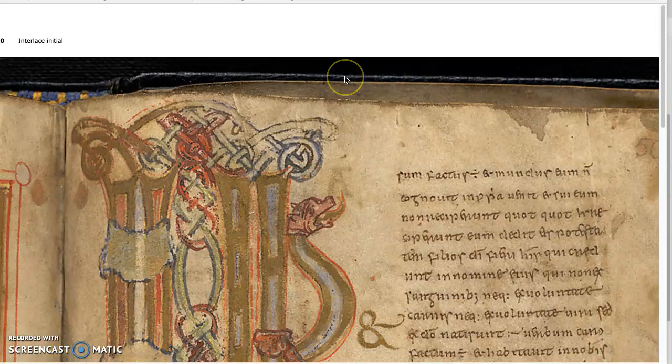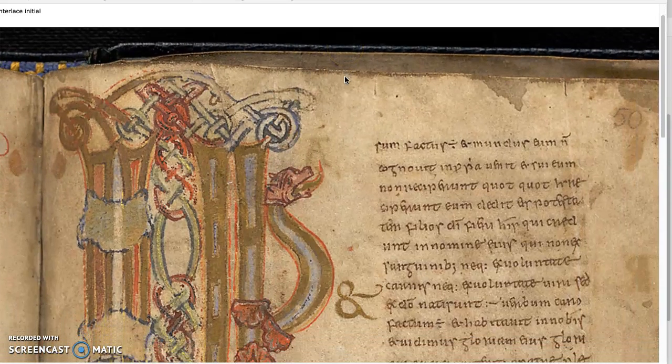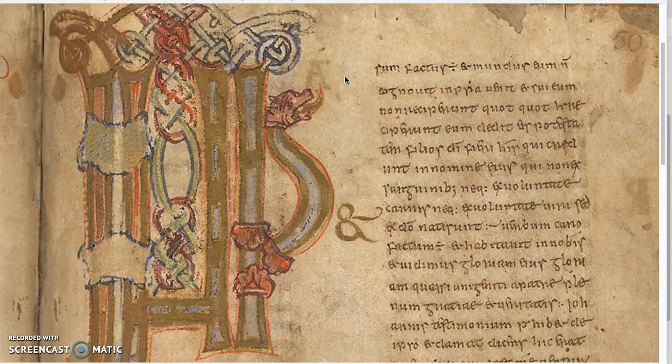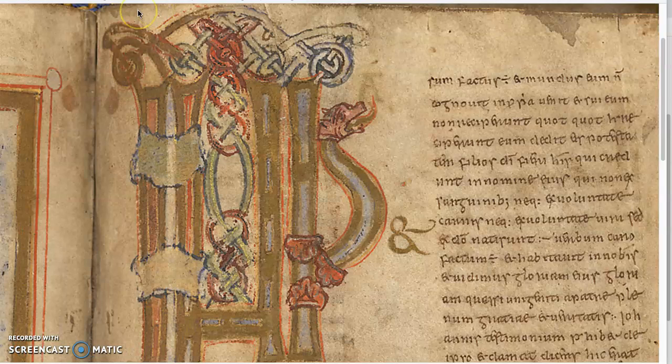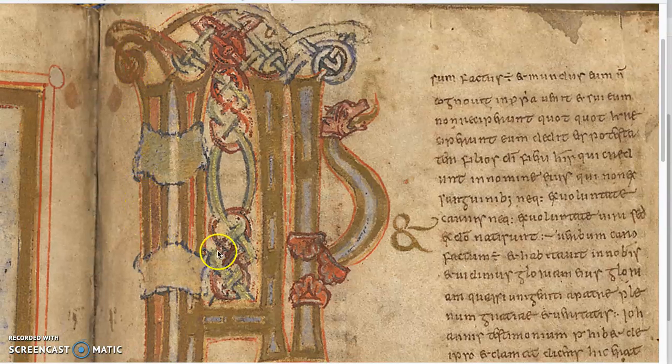We'll take a deeper look at it here. So if we zoom in, we can see that there is still very much an Insular period motif going on in that there are these interlocked knots here that still very much have that Celtic influence. You can kind of see it here in the snakes as well.